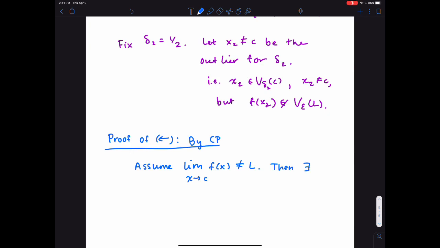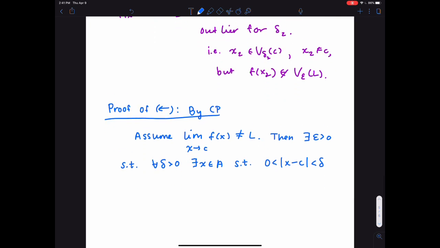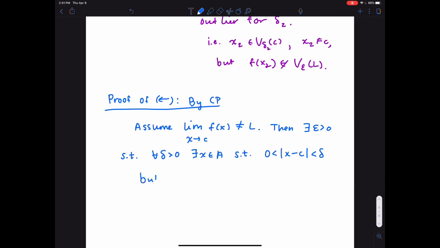That means that I get an epsilon value such that no matter what delta I pick, there always has to be an x in my domain such that x is in the delta neighborhood, so |x minus c| is less than delta, but |f of x minus L| is too far away. It's an outlier. It's greater than or equal to epsilon away from L.